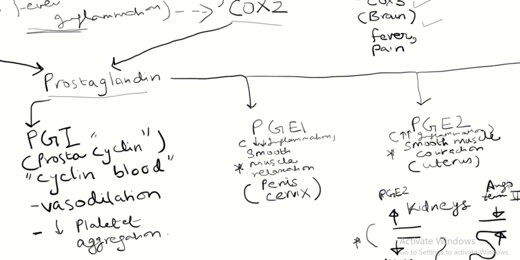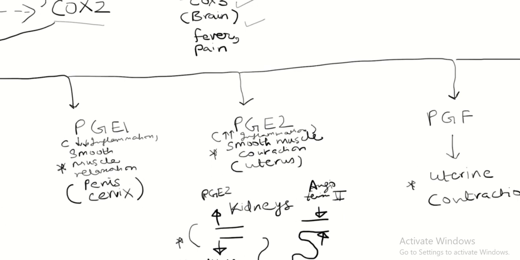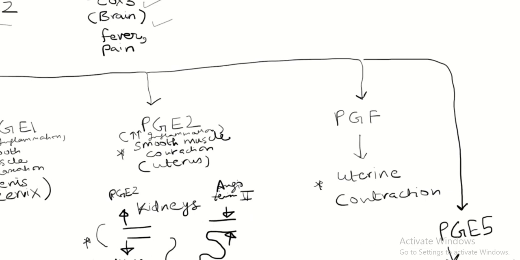They are prostaglandin I, which is prostacyclin, prostaglandin E1, prostaglandin E2, prostaglandin F, and then prostaglandin E5. There are a few of them that we are going to take a look at.